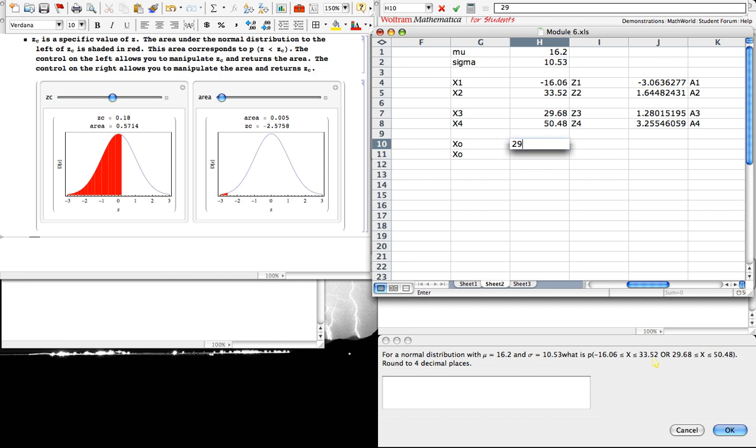So it's 29.68 all the way down to 33.52. Okay, so that seems right.